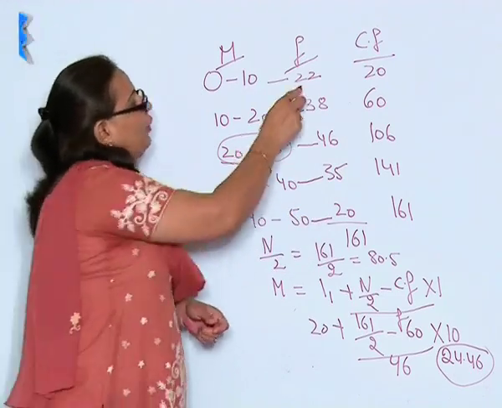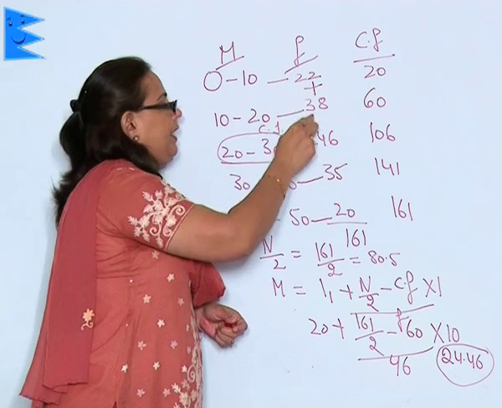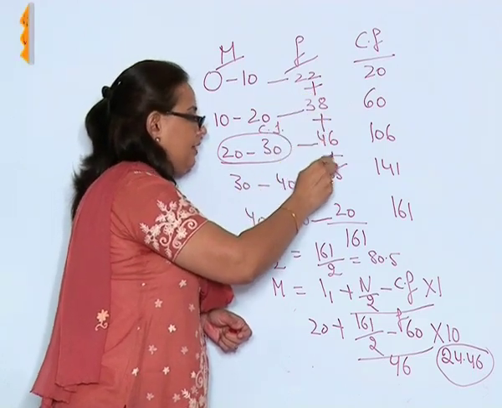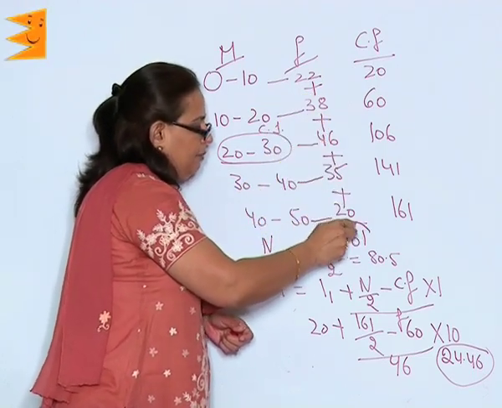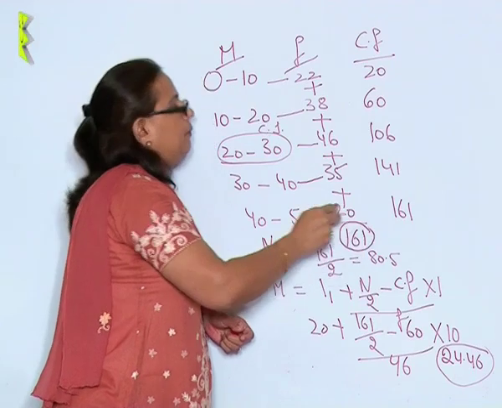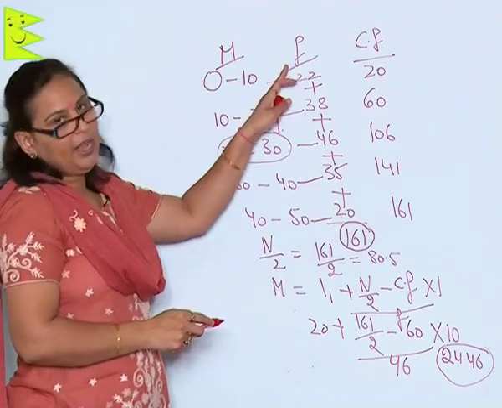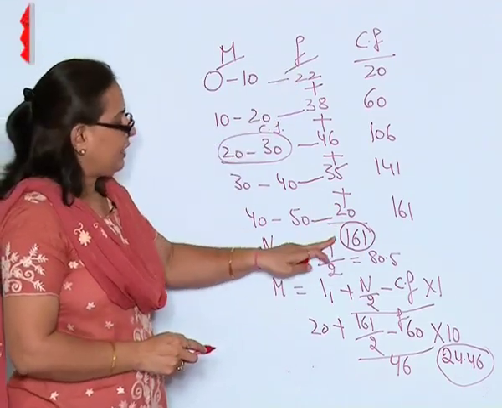When I add 22 plus 38 plus 46 plus 35 plus 20, it gives me 161, which means the sigma f that I have is 161.